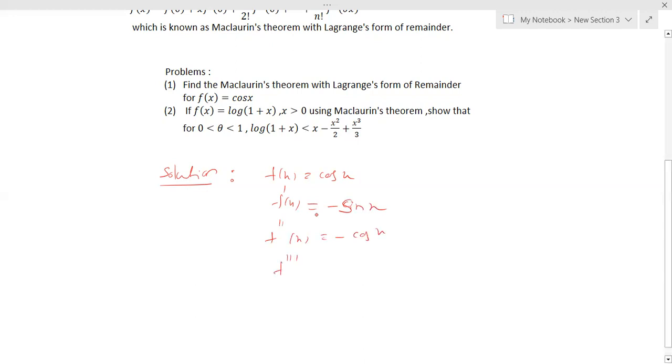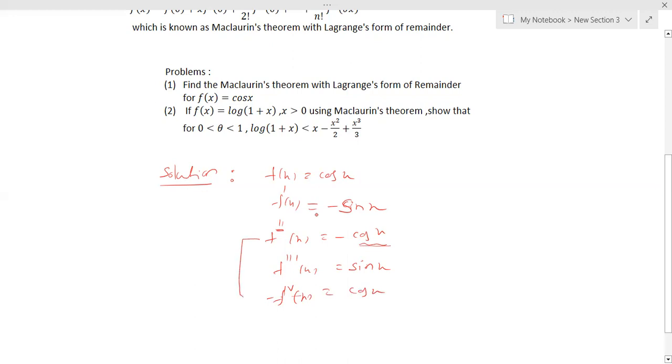The third derivative of cos x is always minus sin x, minus into minus plus, and so on. So now you understand that for an even number of times, if you differentiate two times, we get minus cos x. If you find the fourth derivative, sin x becomes cos x.